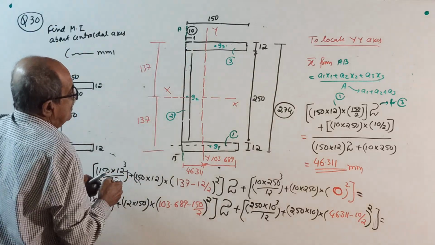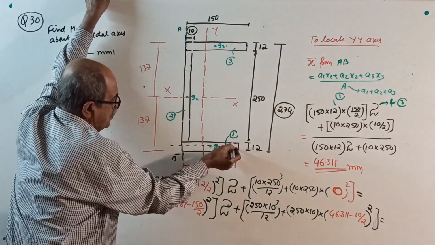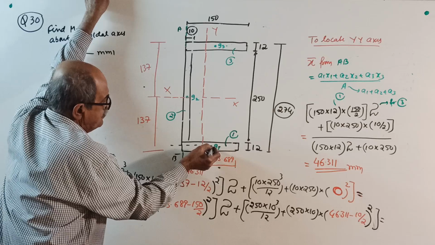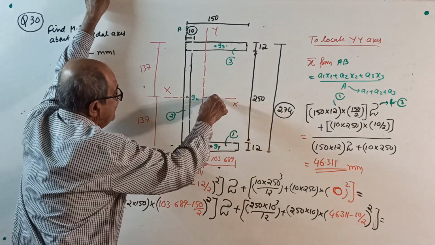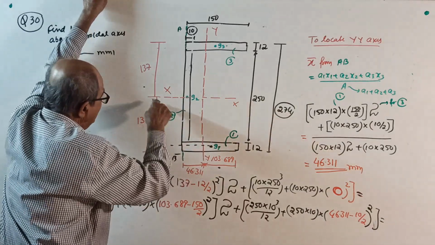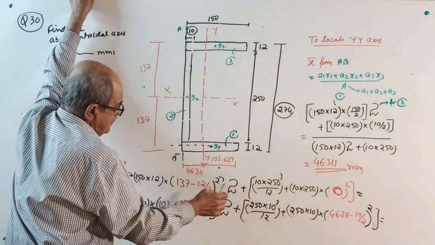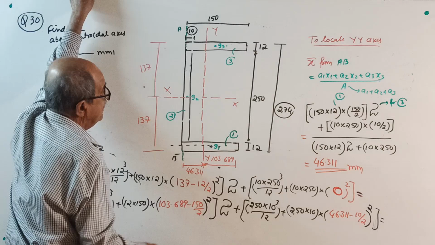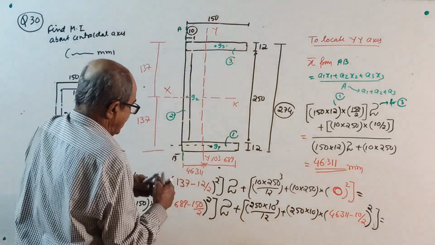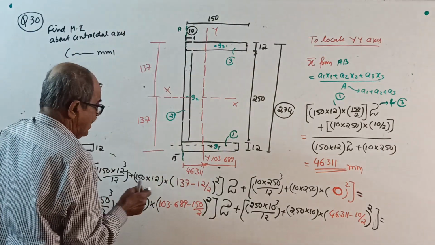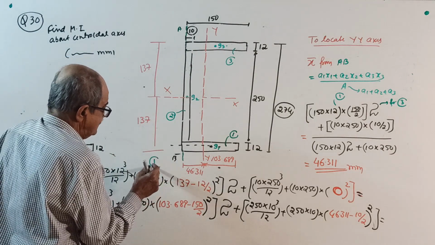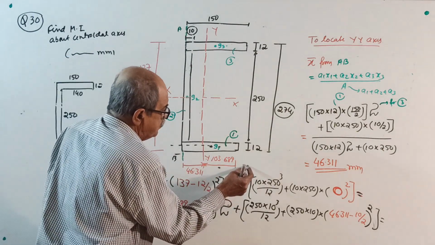Now this distance squared is 137 minus 12 by 2, whole squared. This is for 1. This into 2 is for 3.